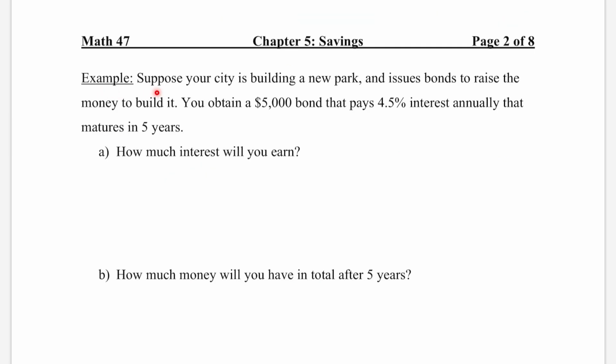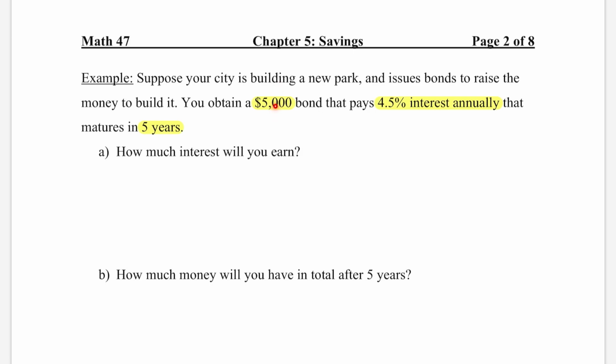Example. Suppose your city is building a new park and issues bonds to raise the money to build it. You obtain a $5,000 bond that pays 4.5% interest annually that matures in 5 years. Question A. How much interest will you earn? So you bought a $5,000 bond that pays 4.5% annual interest in 5 years.